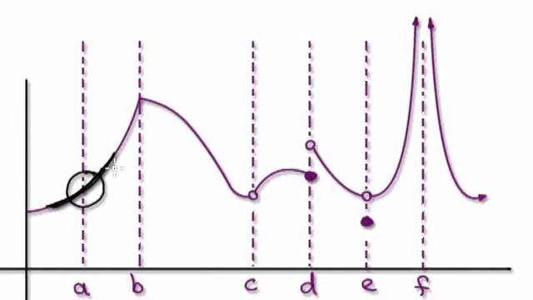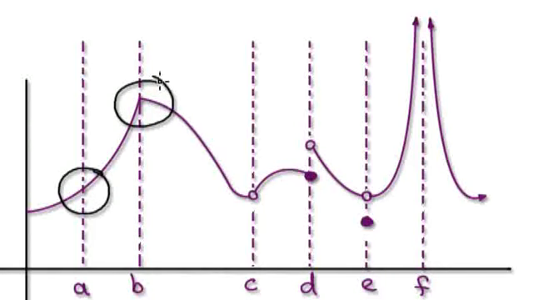So in order for you to differentiate at a particular point, it needs to be both smooth and continuous. This here is continuous, this here is continuous, but this point here is not smooth. So you can differentiate this point, but you can't differentiate this point here.